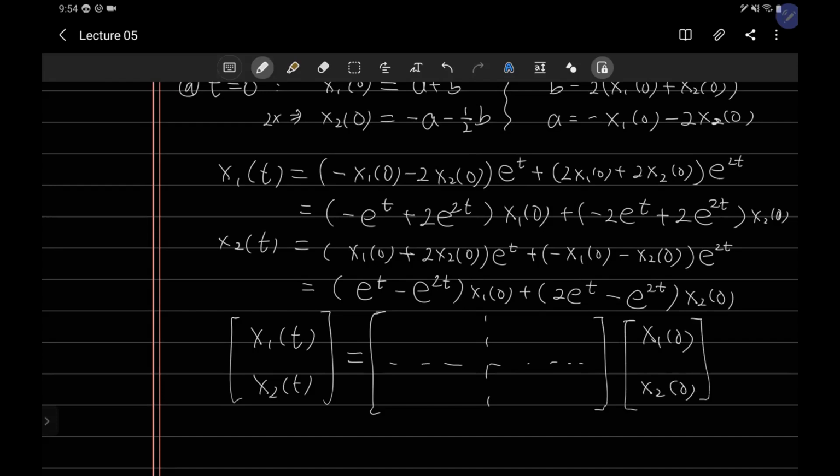And then for x1, this part will go here, and this part will go here, and similarly this one will go here, and this one will go here.